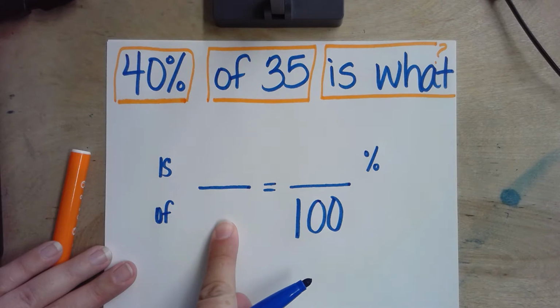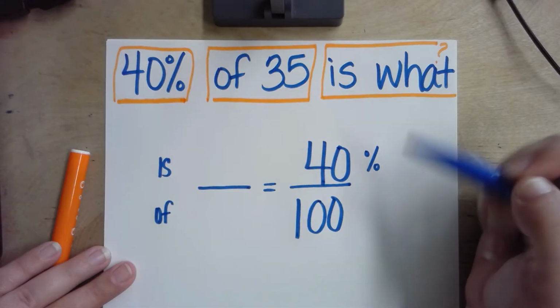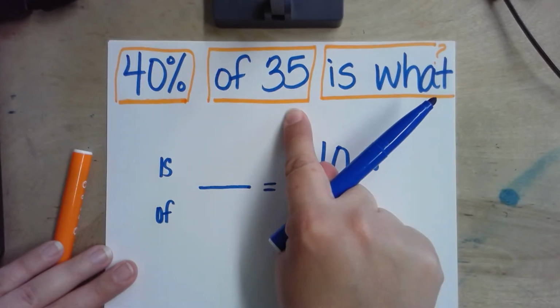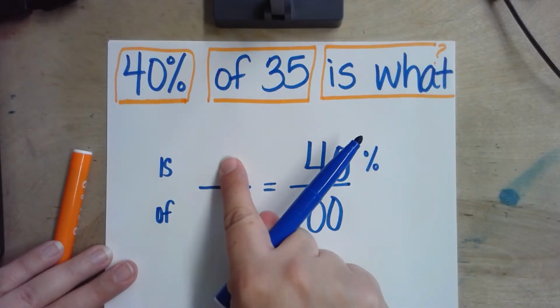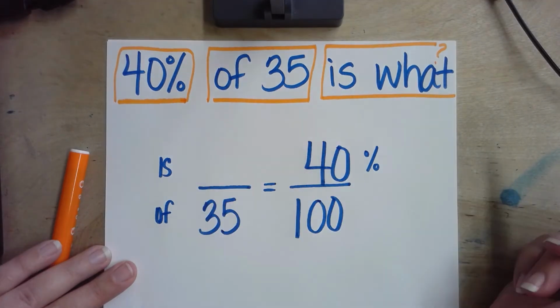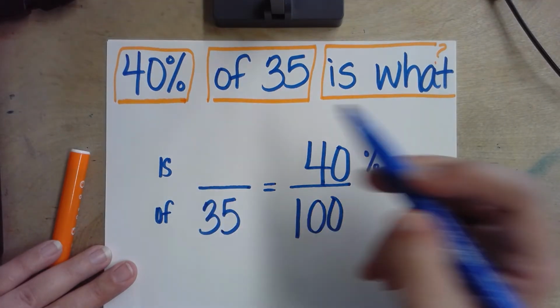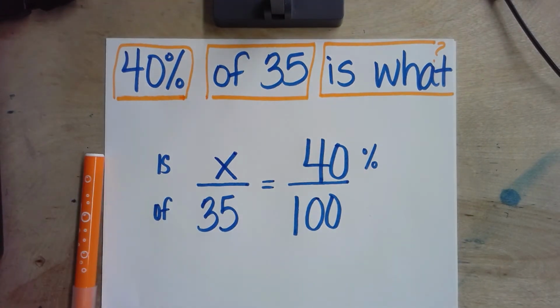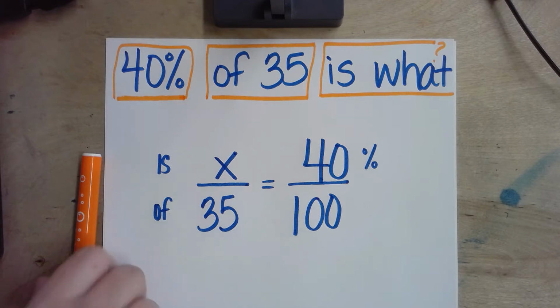Since it's a percent, it's going to go in the top right on the percent side. Of 35, is of going to go on the top or the bottom? Well, it's of, so it goes on the bottom. And is what we're trying to find, and I'll just use the variable x.